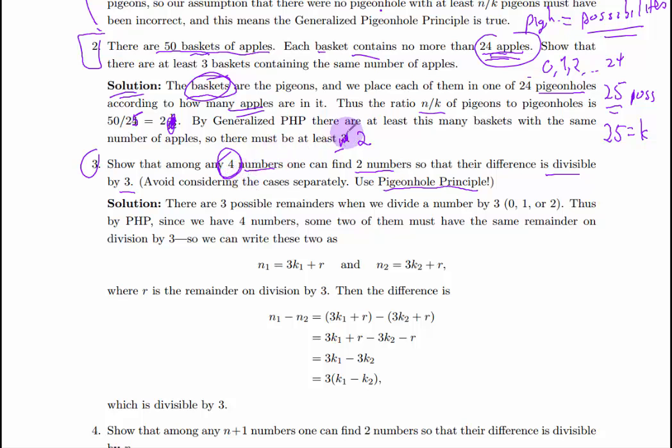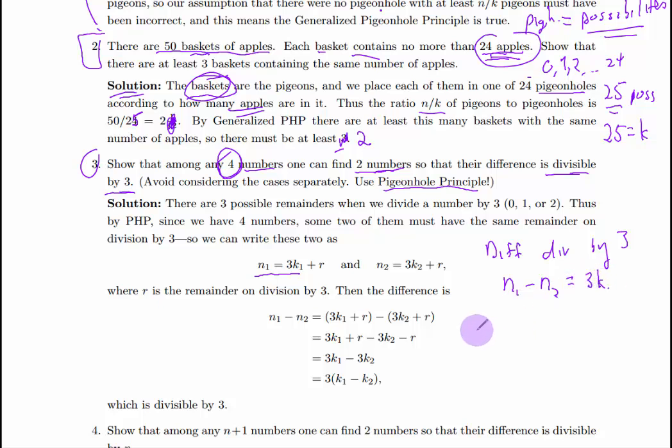Right. Now, in order to figure out the pigeonholes, let's go back to this idea that you want the difference of 2 numbers to be divisible by 3. What does that mean? That means if I have 2 numbers, well, here he has it here: n1 minus n2 is going to be equal to 3k.